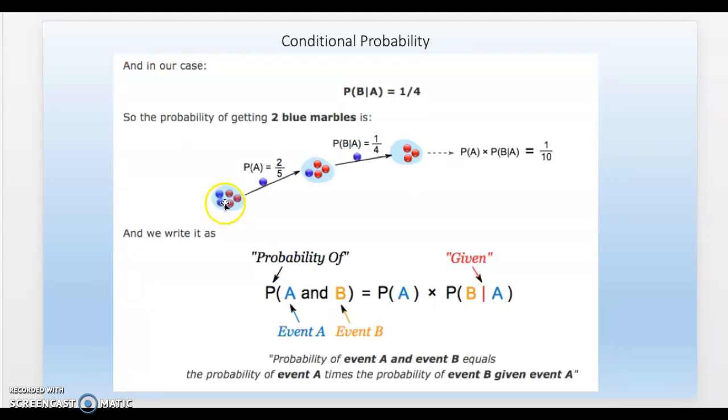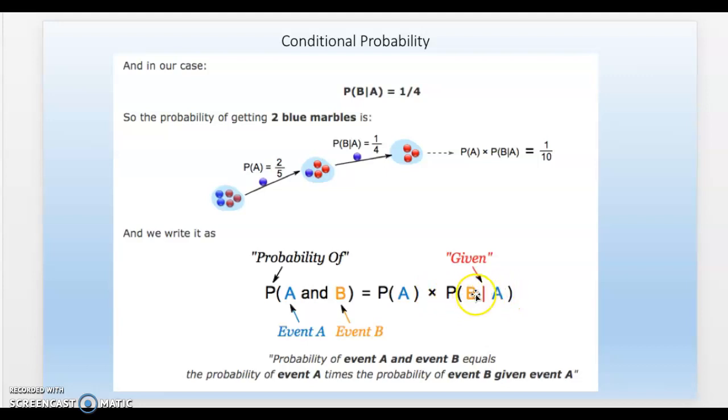So here's our tree diagram again. We can calculate the probability of getting two blue marbles. The first marble, the probability of getting a blue one. The second blue marble, that probability. Multiply them together, I get 1/10. If you write it down here, the probability that they both happen, event A and B, they're both blue, is the probability that the first one is blue times this second probability right here.